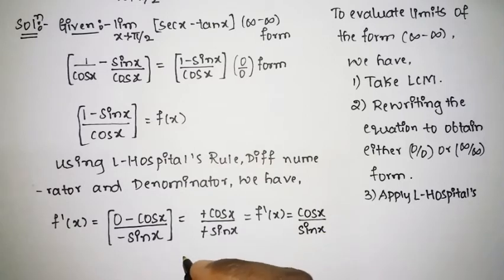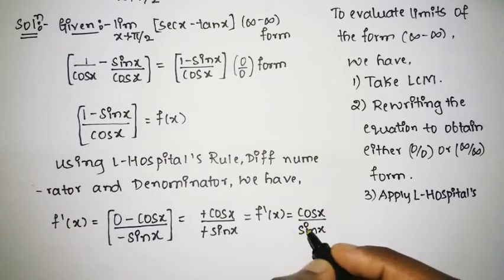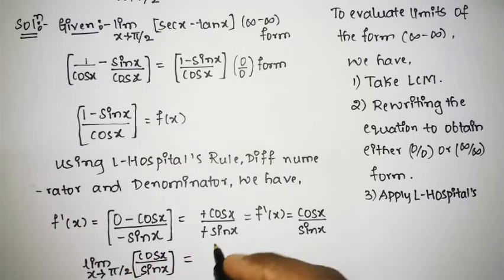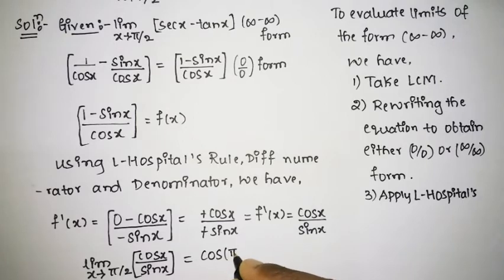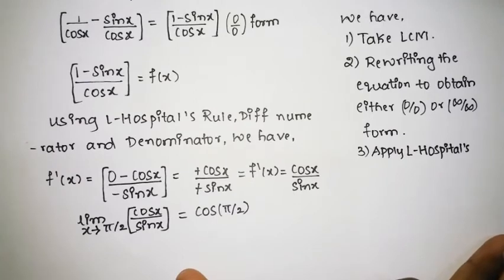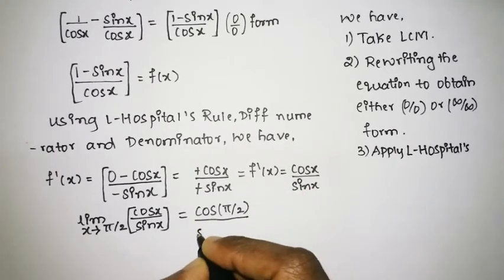Now we shall directly apply the limit as x tends to pi by 2 of cos x divided by sin x. That is cos pi by 2 divided by sin pi by 2.